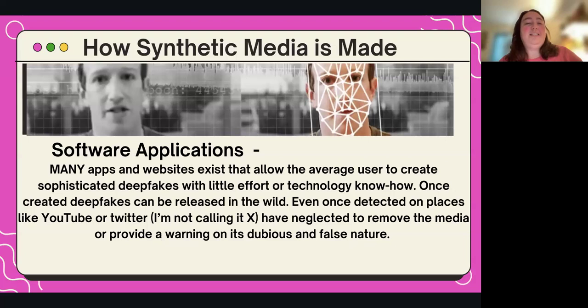Also, a problem is once detected on places like YouTube and Twitter, those companies have publicly stated that they will not be removing media, and X or Twitter has said that they will also not provide any warning that this is a fake image and that they have discovered that the images or videos are synthetic. So essentially the software applications are talking to the DNNs and the adversarial networks, and then they are taking all of that data and allowing a user-friendly interface to send it out into the wild.